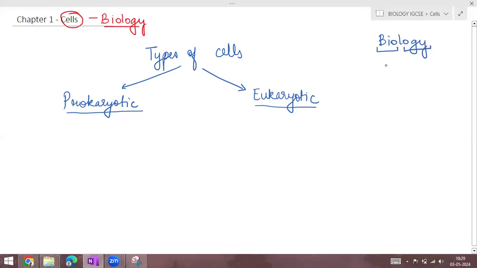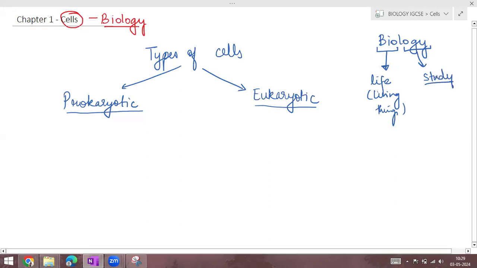For example, bio, if you see it anywhere, stands for life or living things, whereas logy means study. So in all, the study of living things is known as biology.